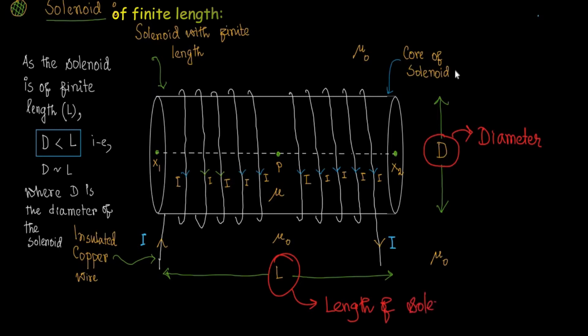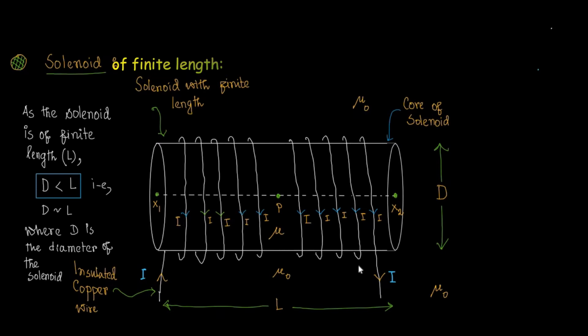As the solenoid is of finite length, diameter D is comparable to the length of the solenoid.